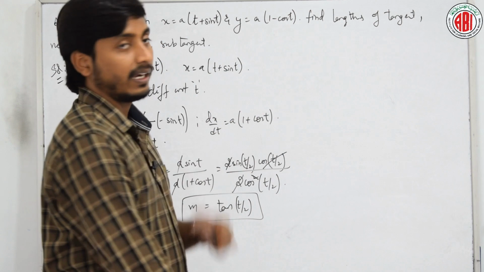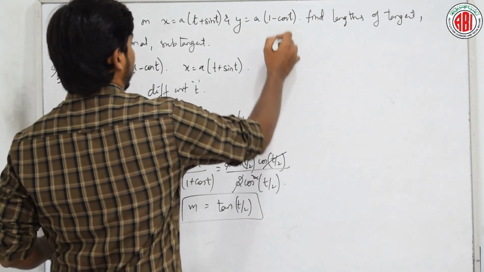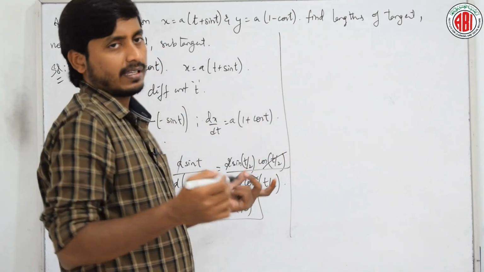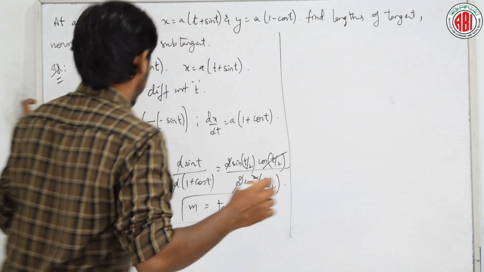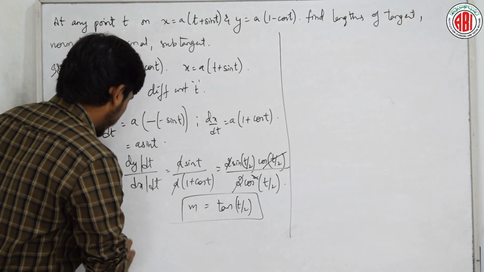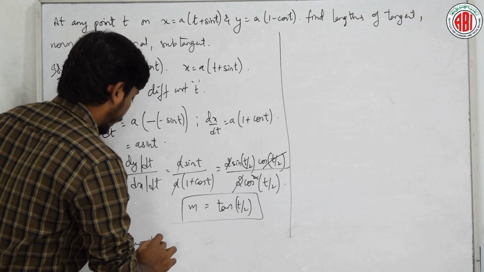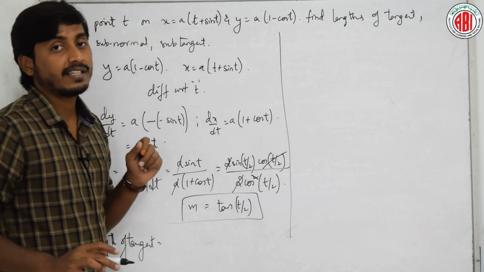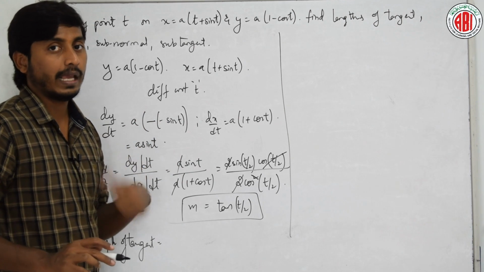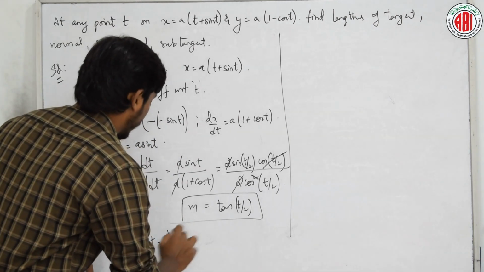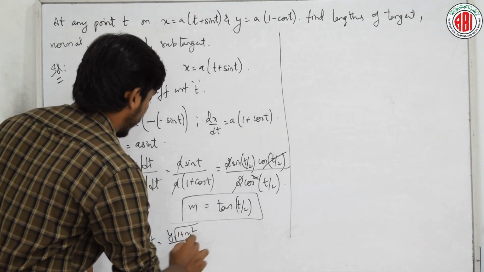Shall I find everything now? See here, if I find this, I can easily find any term. So let us find the length of tangent first. What is the length of tangent? It is y into under root of 1 plus m square, divided by m.